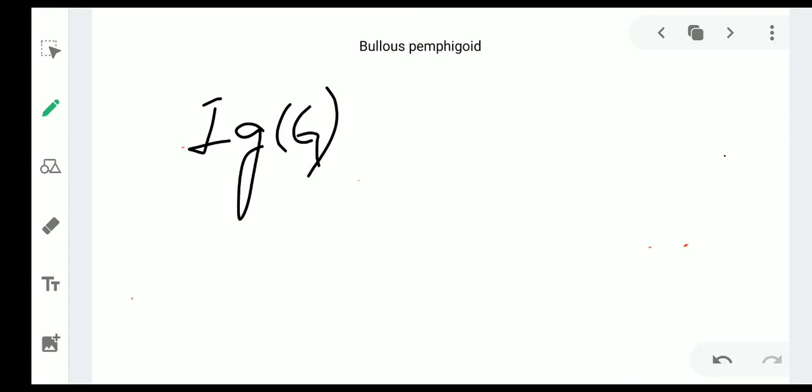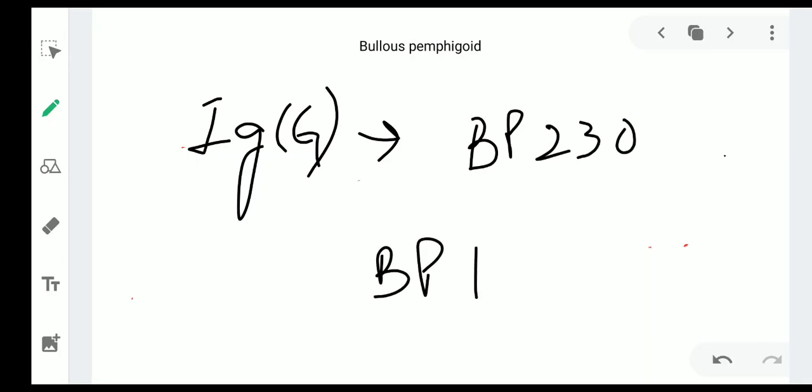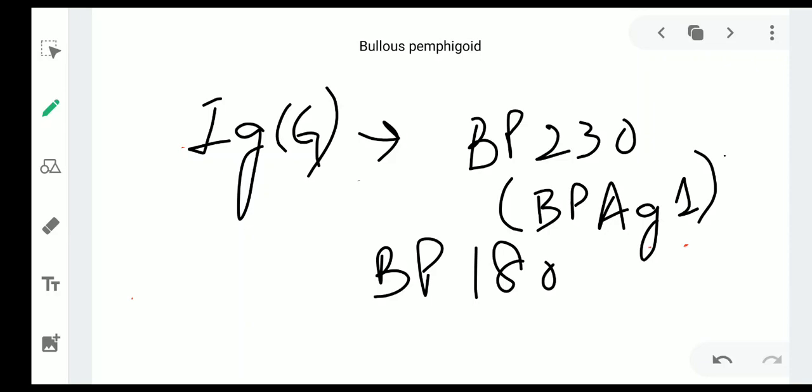Now, what are the hemidesmosomal components? These are the bullous pemphigoid antigens BP230 and BP180. BP230 is also named BPAG1 and BP180 is also known as BPAG2.